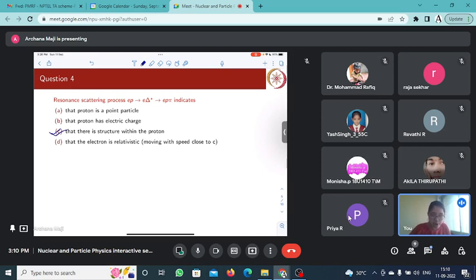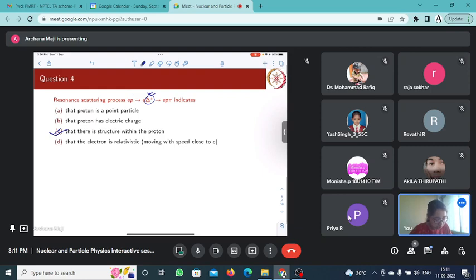The proton is not a point particle. By structure we mean it is made up of 3 quarks. This delta plus, we know, has mass greater than the proton. This is possible because the proton has structure. The quarks within the proton reconfigure themselves in such a way that it gives rise to a new state, which is an excited state compared to the proton.